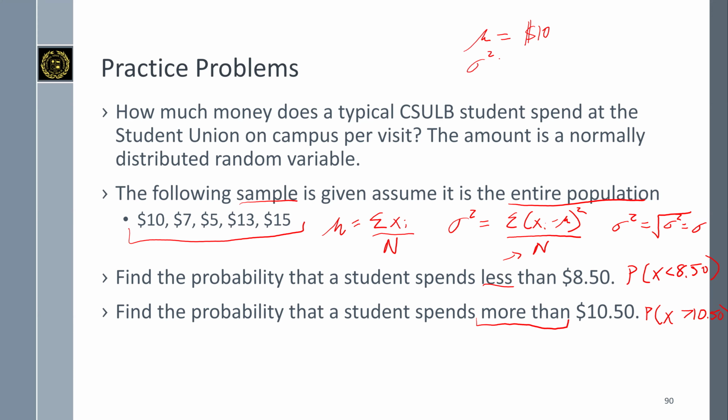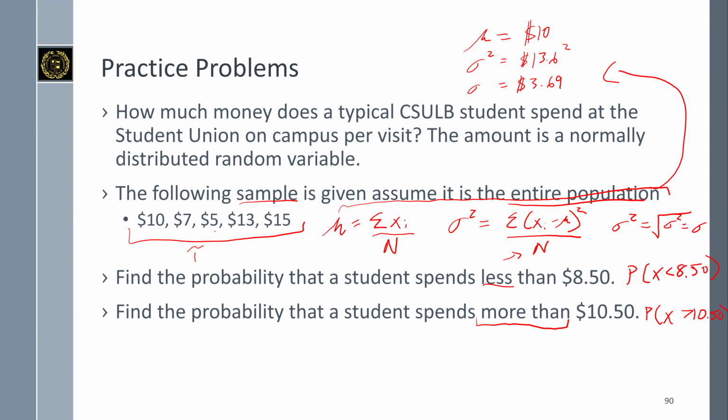The variance should come out to $13.6 squared. And then your standard deviation should come out to $3.69. So this is after you employ all of these formulas right here, and you're using this data set.